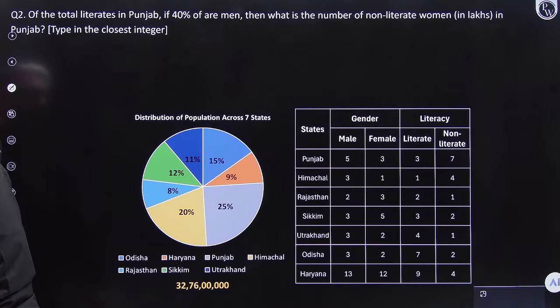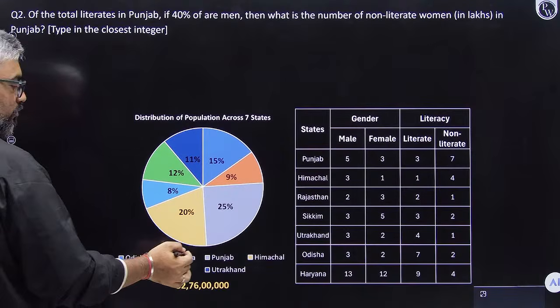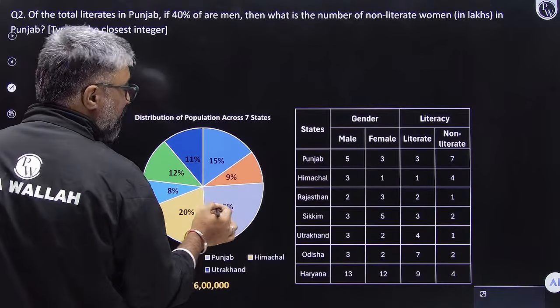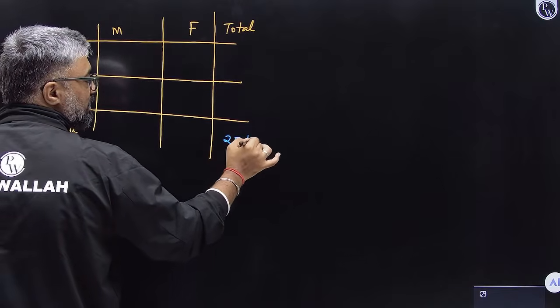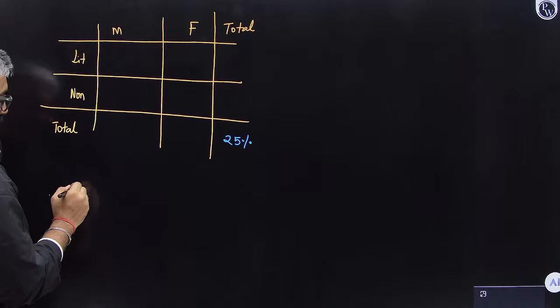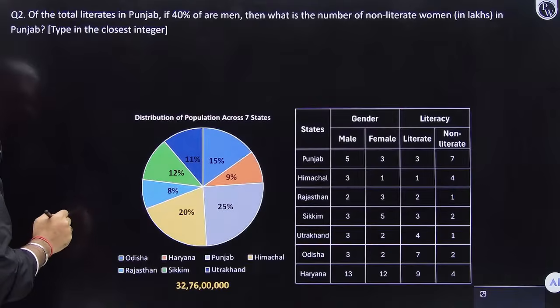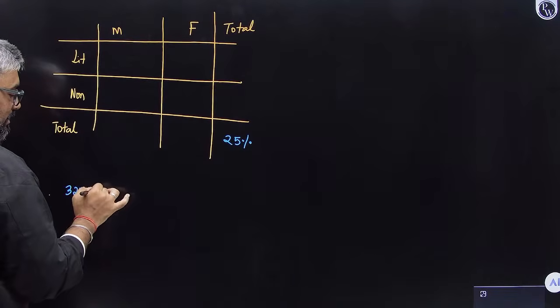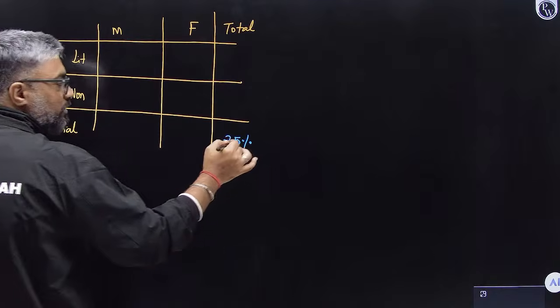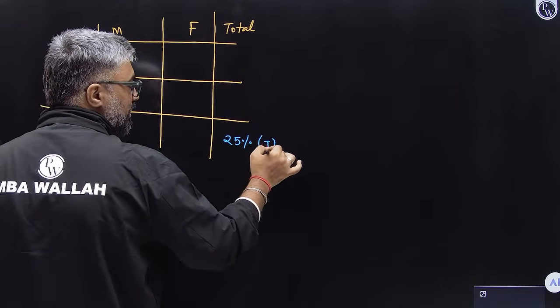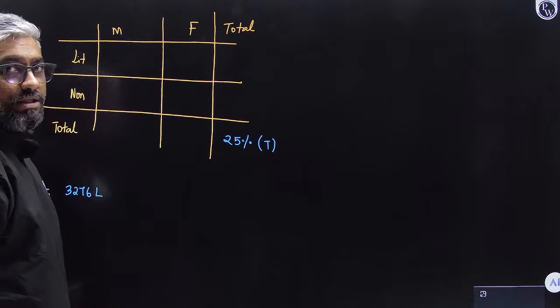So total in Punjab. Punjab, what's the total population? 25%, correct? This value, 3276 lakhs. For now, I'll just call it T, total, so that when I have to put that T, I'll put it there. This is the total population.